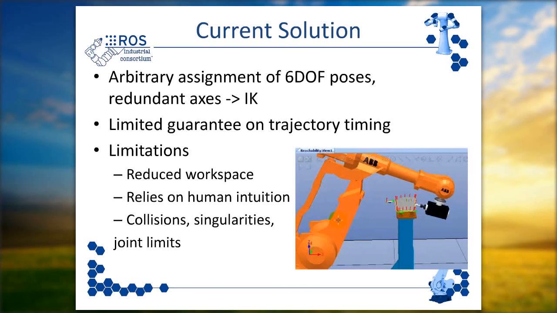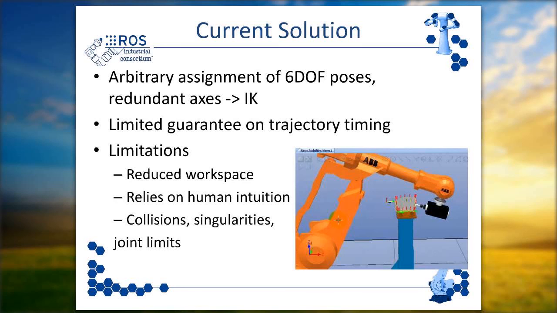It also results in reduced workspaces. So if you have to maintain a certain orientation, it can result in a kind of shrinkage of the true workspace of the robot. And this arbitrary selection of 6 DOF poses really relies on human intuition about the robot kinematics themselves, which is very, very difficult.